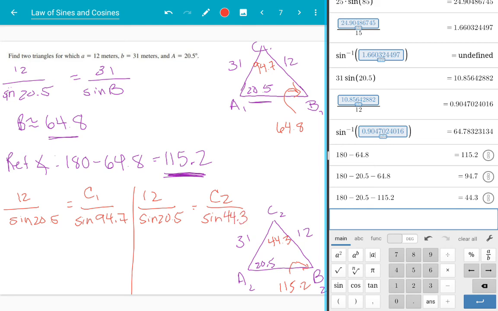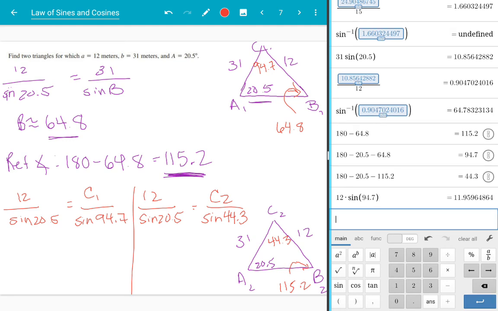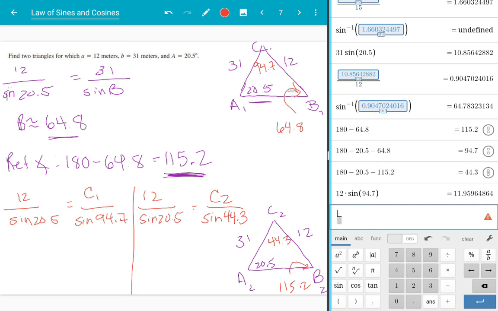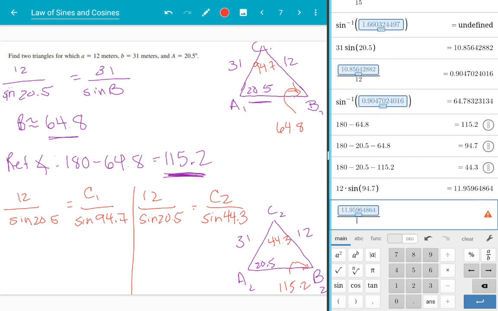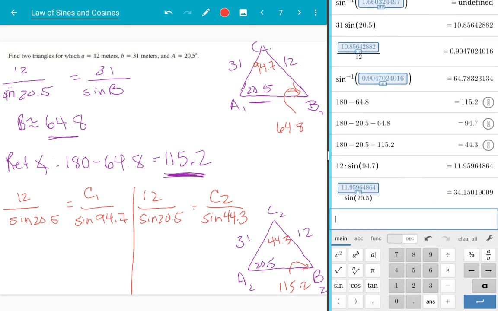Okay, all right, so again, calculator work. So we get 12 times the sine of 94.7 equals that amount. We take that answer and divide that by the sine of 20.5. So I get C1 is approximately 34.2. Let's look at C2.